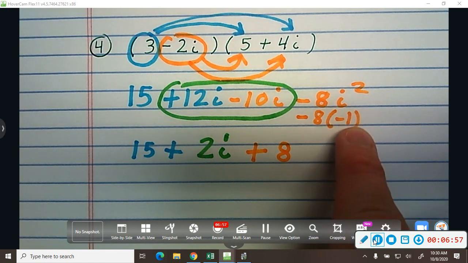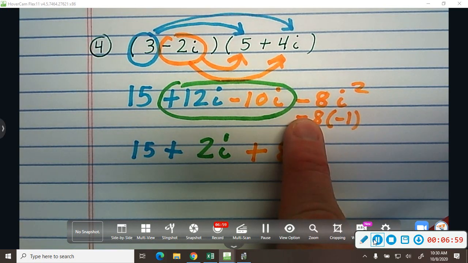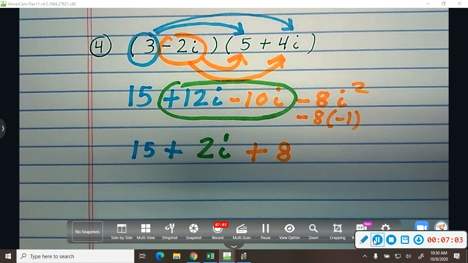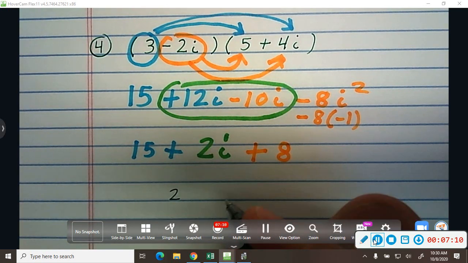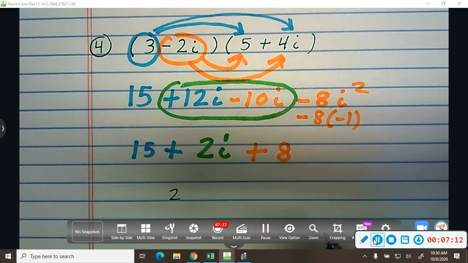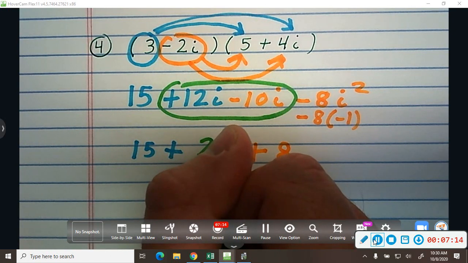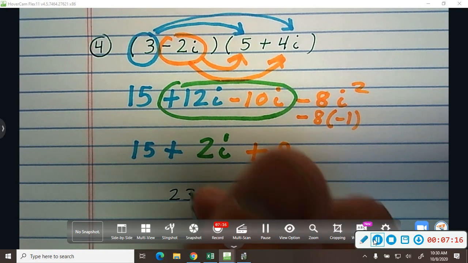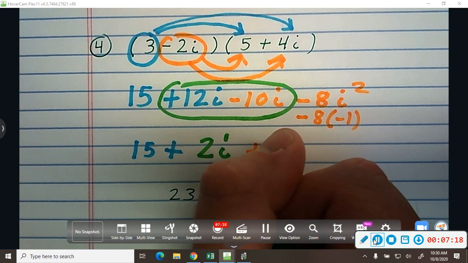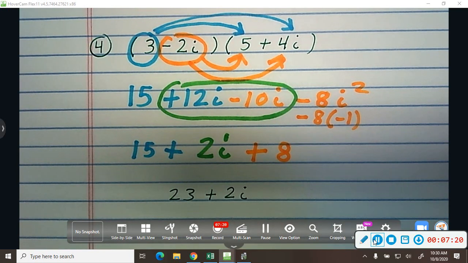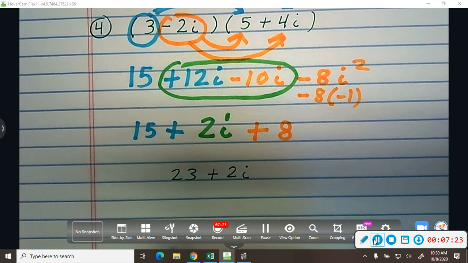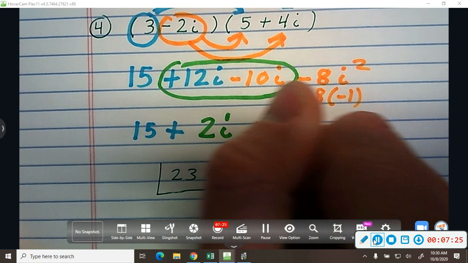So we changed i squared to negative 1, and we know that negative times negative is positive. And then from there, 15 plus 8 is what? 24? No. 23. And then 23 plus 2i. So there's my reduced form.